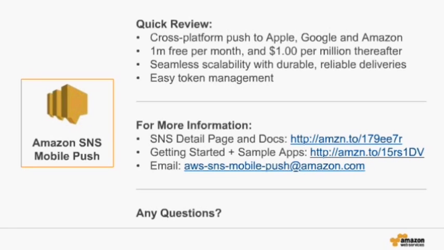And so SNS will actually wrap your message in the appropriate API for each platform, or alternatively, you can specify exactly what is the API argument that you'd like to send to Apple, to Google, to Kindle Fire, if you'd like to tailor the format and tailor the functionality that you use.